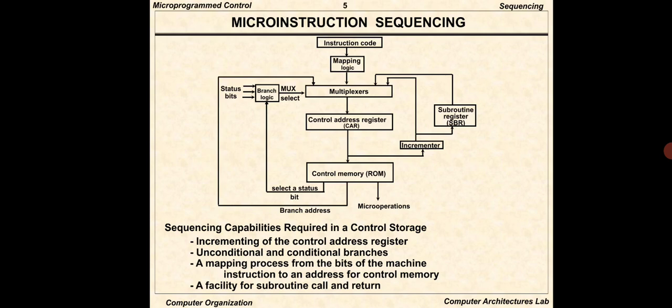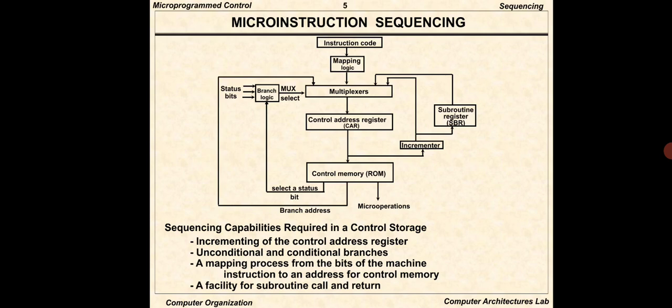This multiplexer gets one input from the mapping logic, another input from the subroutine register, another from the incrementer, and the next one from the control memory, that is for the branch addressing, and the next one is from the branch logic selection, MUX selection.